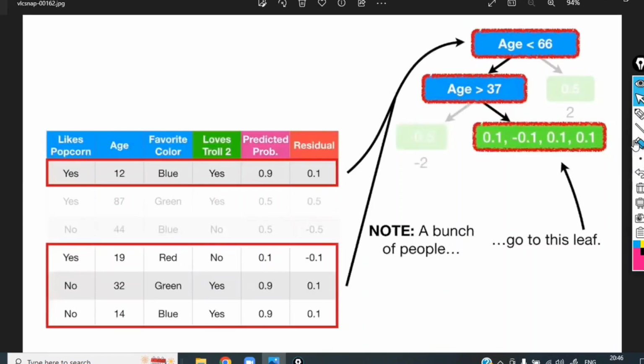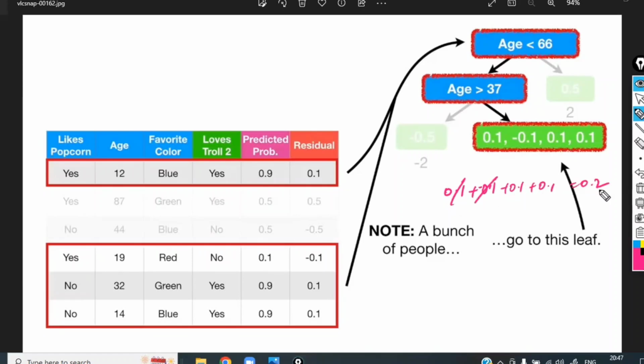Now for the third leaf node, what is the sum of the residuals? 0.1 plus minus 0.1 plus 0.1 plus 0.1.